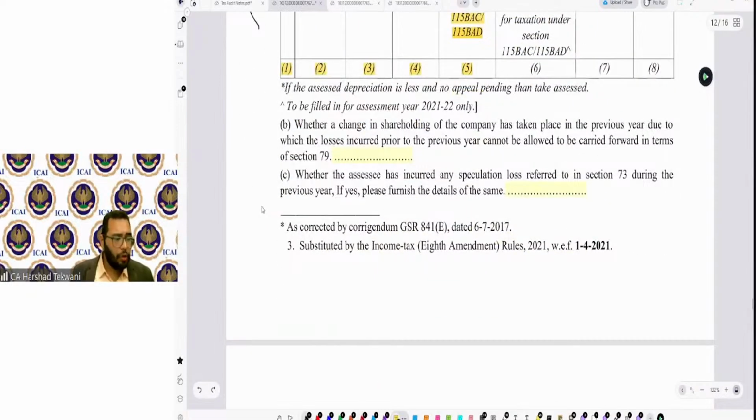Then you need to provide in 32B whether any change in shareholding of the company has taken place in the previous year due to which losses incurred prior to the previous year cannot be allowed.